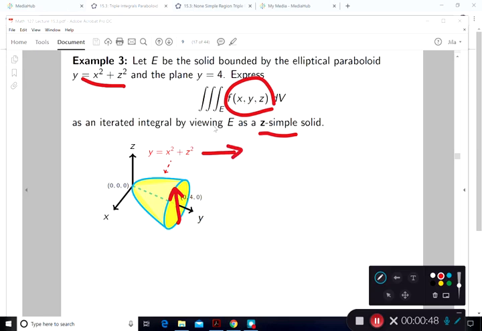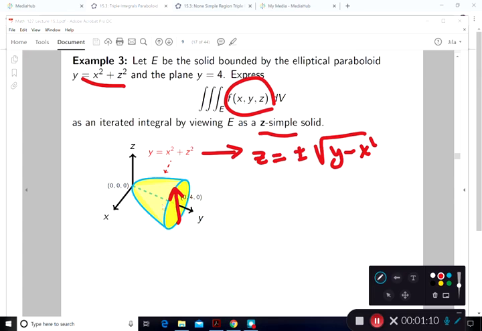Oh, look at this. I can solve for z over here, and I get z equals plus or minus the square root of y minus x squared, and that matches this shape because z is between the lower half and upper half of the paraboloid.